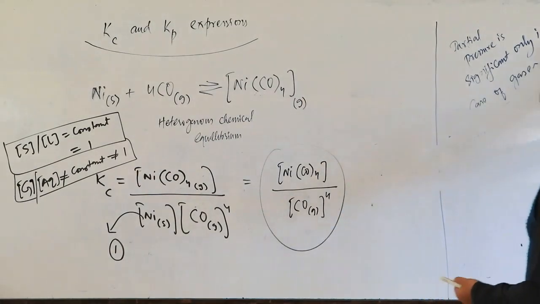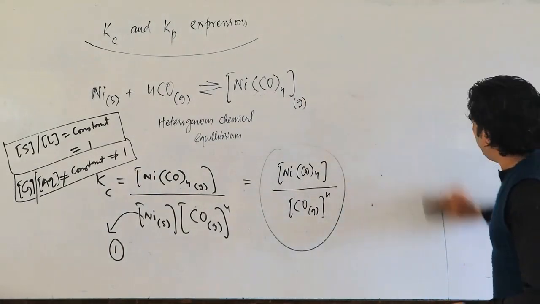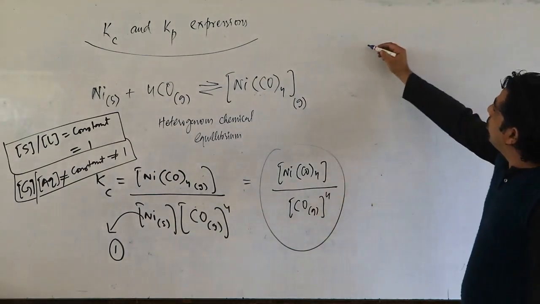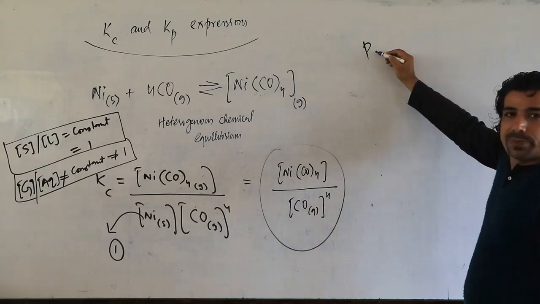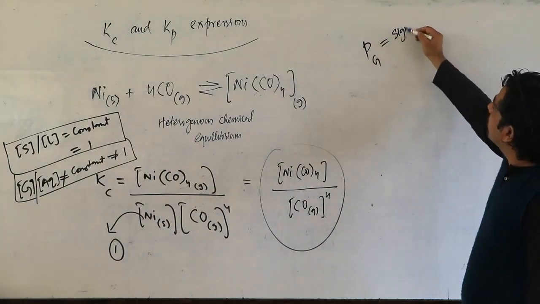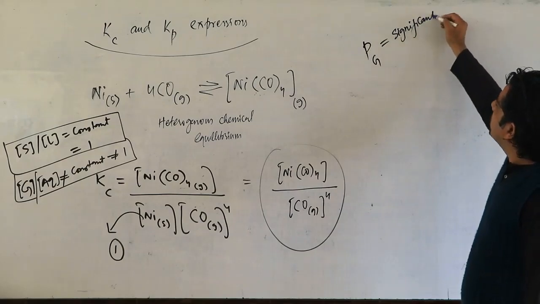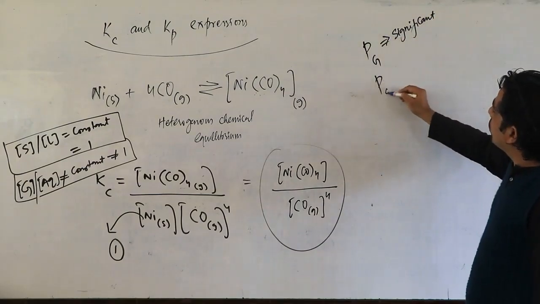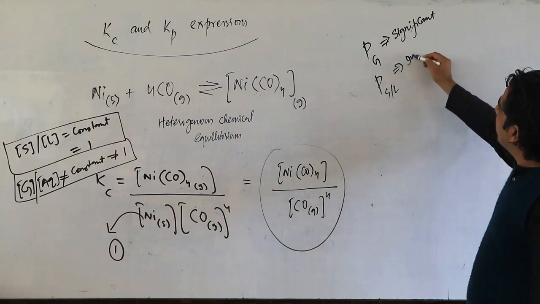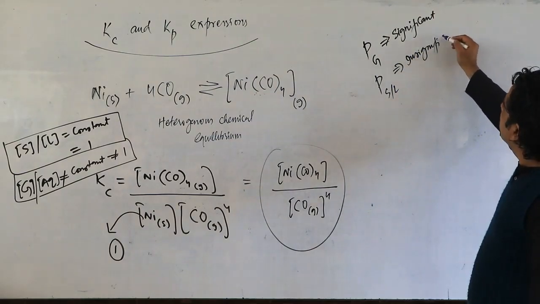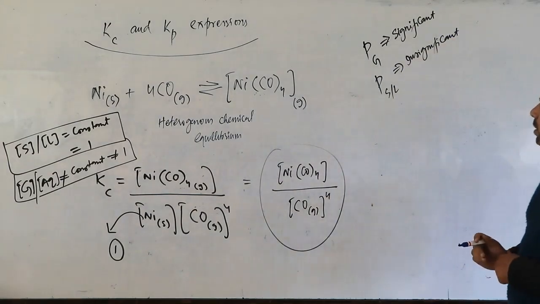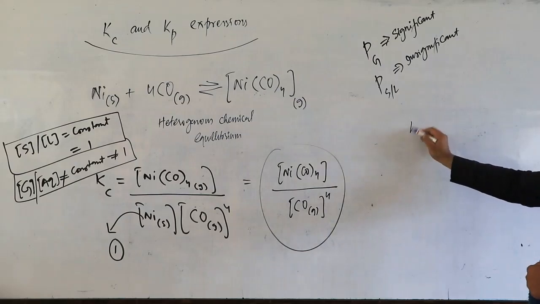Let's write down now the Kp value for this equation. Before writing the Kp value, you should also know that partial pressure due to gas is significant, but pressure due to solid or liquid is insignificant. Okay, my dear friends. So let us take the Kp value for the same.